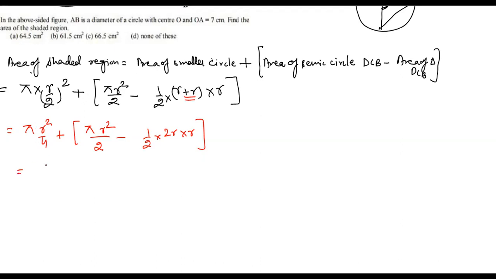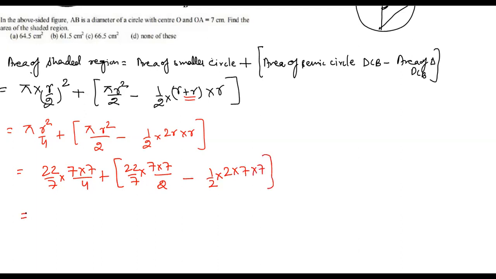This is just simple. Now just put the value that r is 7 here, so you can write 7 square, meaning 7 into 7, and you can write the value of pi also, that is 22 by 7 into 7 upon 4, plus 22 by 7 into 7 divided by 2, minus half into 2 into 7 into 7.